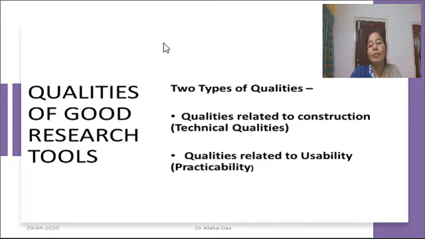These qualities may be categorized into two. First, qualities related to construction. That means the tool must be free from any kind of error, which needs to be kept in mind in constructing or developing the device or tool. These qualities are also termed technical qualities. The test must be free from any construction error.